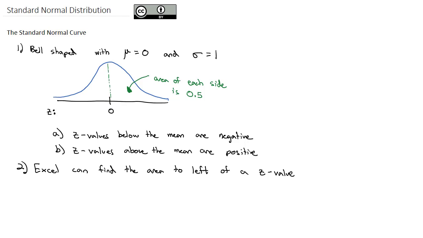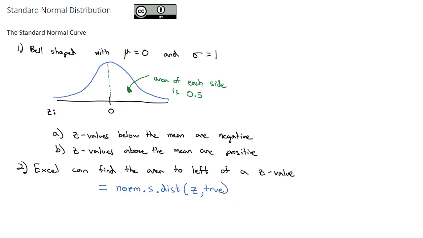The formula we're going to use on Excel is equals, and we'll type in NORM for normal, dot S for standard, dot DIST for standard normal distribution. And then we will type in the z-value, comma, and then we'll use the word TRUE. And we'll always use TRUE for the last argument. So NORM.S.DIST, open a parenthesis, z, TRUE, close the parenthesis.